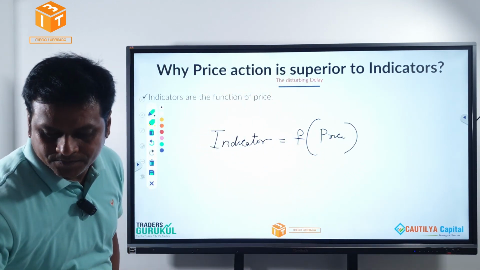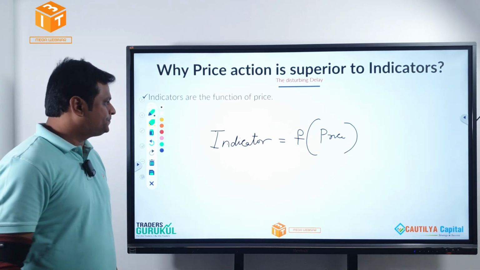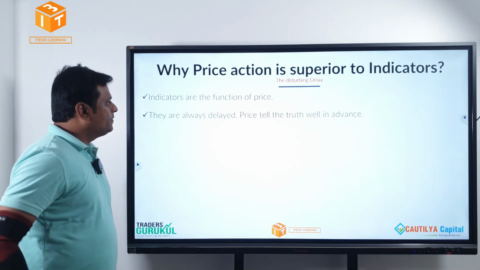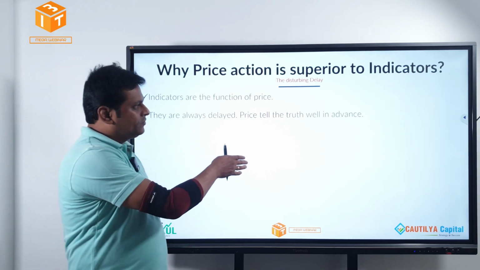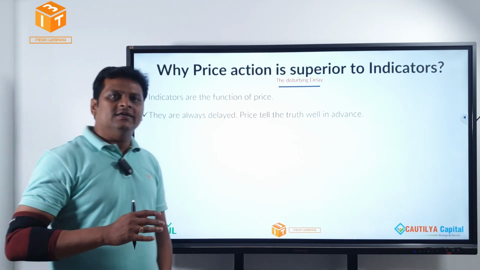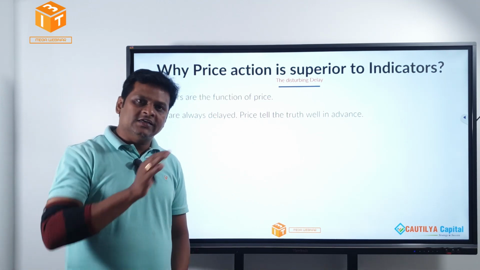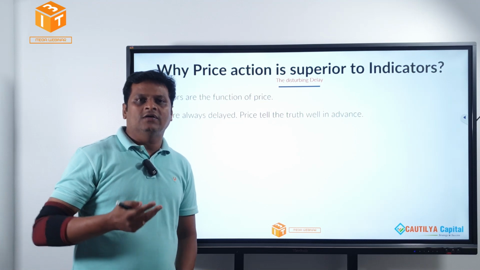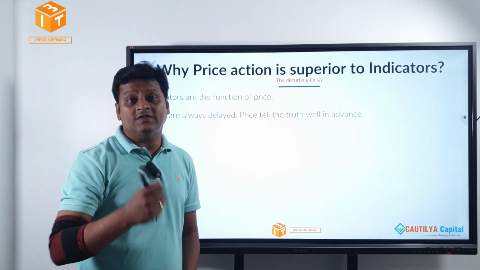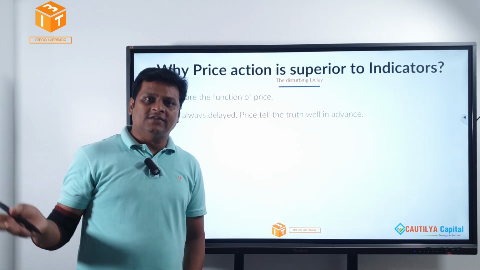That's it. They are always delayed. Price tells the truth well in advance. Your indicator follows the price. It has a formula. RSI has a formula. Stochastics has a formula. Moving average has a formula. Ichimoku has a formula. Everything calculates something.